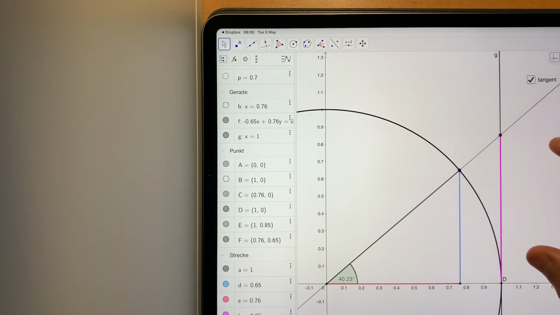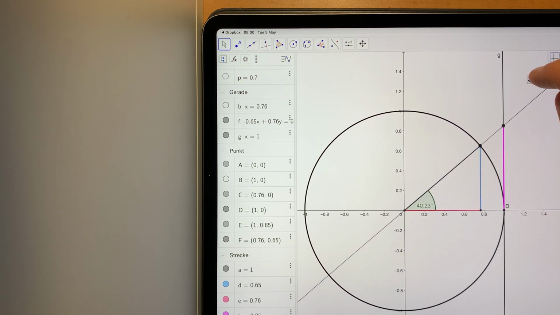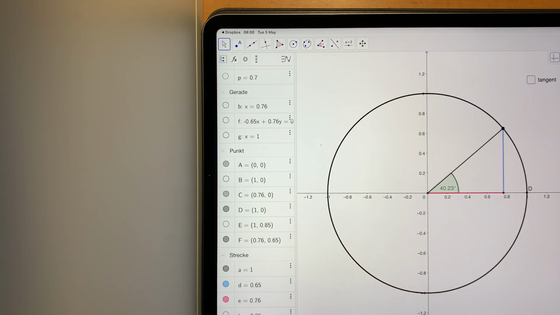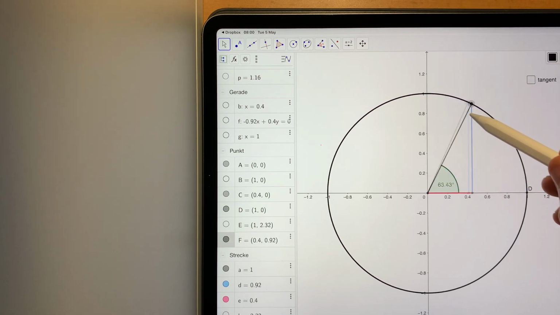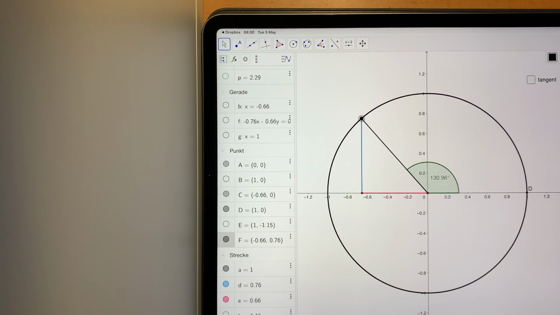But now let's zoom out, okay? So you could look at the whole unit circle. Let's just get rid of the tangent for the moment. So this is the whole unit circle, and we restricted ourselves back then to angles between 0 and 90 degrees. But we could go on to an angle of, let's say, 130.96 degrees.